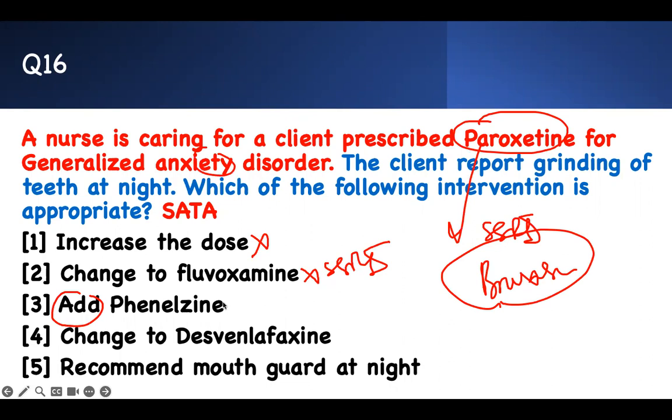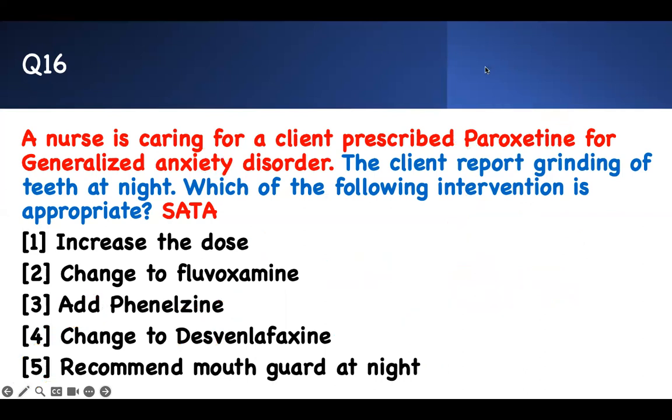Take away the offending agent. Change to what? Valproic? No. Change to an SNRI. This is a new medication, and recommend a mouth guard at night, so that you don't clench your teeth at night. A new medication and recommending a mouth guard are applicable. So 4 and 5 are the best answers.